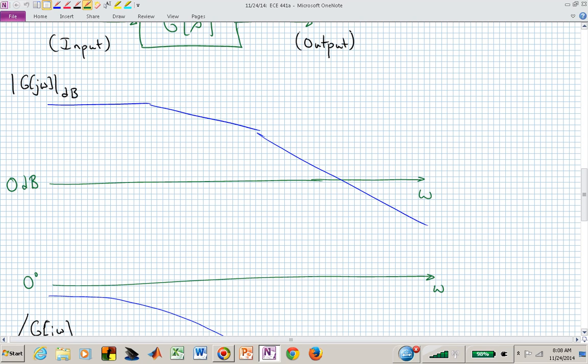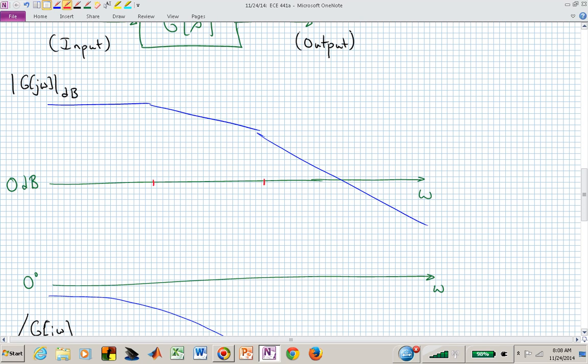And now just think of numerators and denominators, upstairs and downstairs. If it's in the denominator, it's downstairs, your breaks are going to cause you to go down in your magnitude response. Consequently, you should anticipate, the way I've sketched this, we have two poles in this system, corresponding to this frequency response magnitude Bode plot. One of the poles is right here in frequency, and the other one is right there.